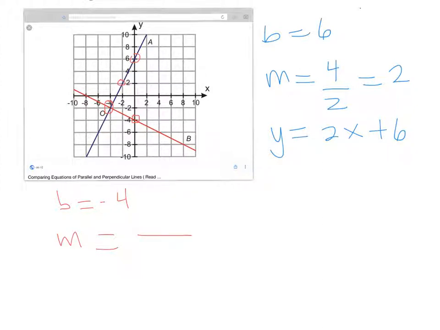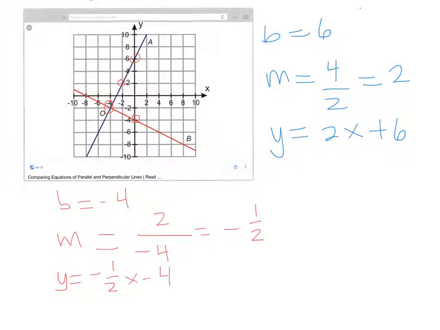So the change in y is positive 2. The change in x, we're going from 0 to the x value of negative 4. So we're going left, in the negative direction, from 0 to negative 4. So simplifying, we get a slope of negative 1/2, and that gives us the equation for that line: y equals negative 1/2 x minus 4.